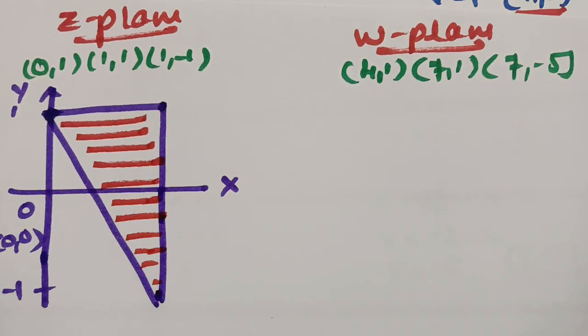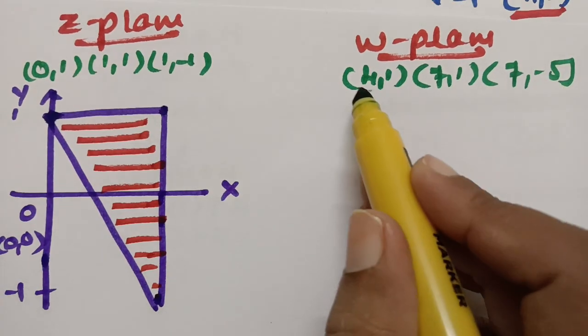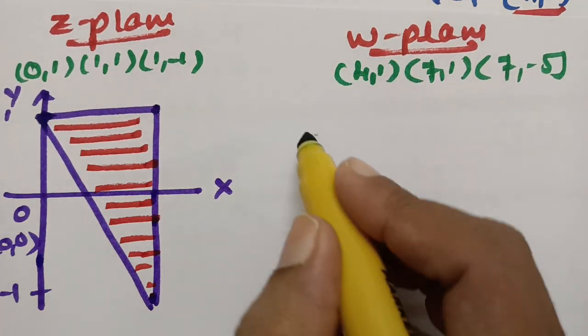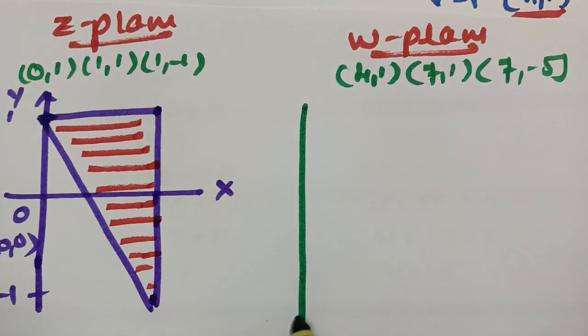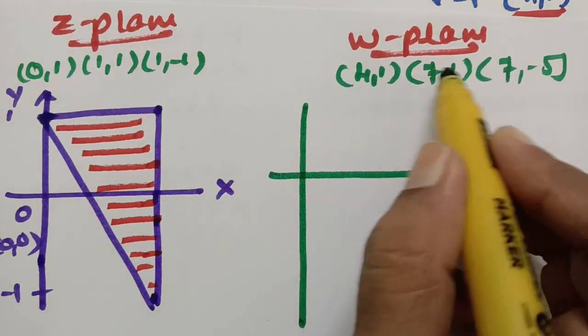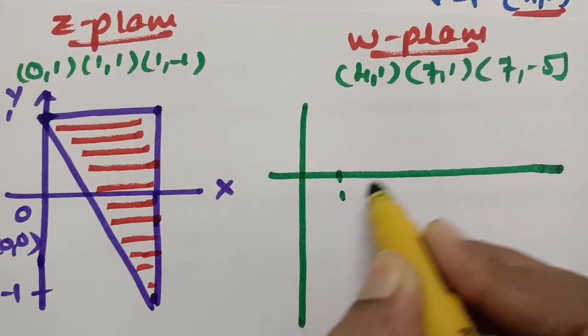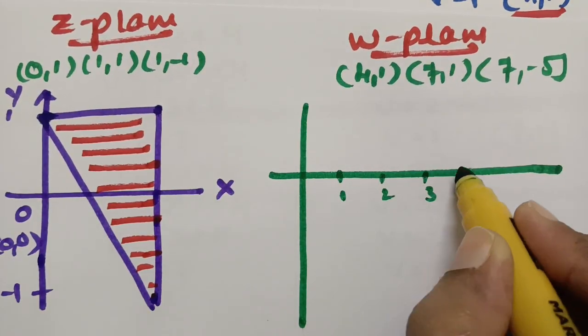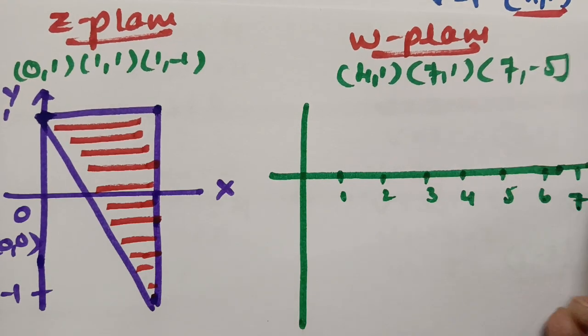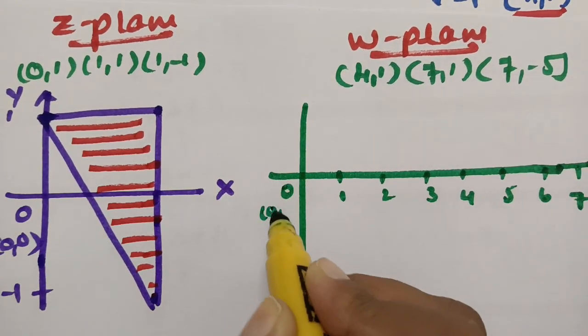See, in the W plane, we have 4 comma 1, 7 comma 1 and 7 comma minus 5. If I plot this, here the max for x is 7: 1, 2, 3, 4, 5, 6, and this value is 7, and this is 0 comma 0.